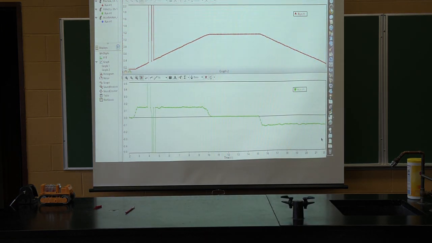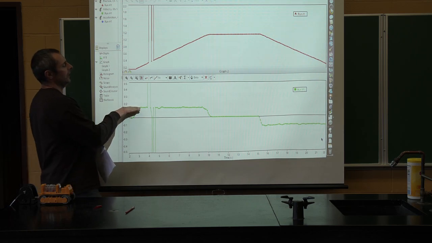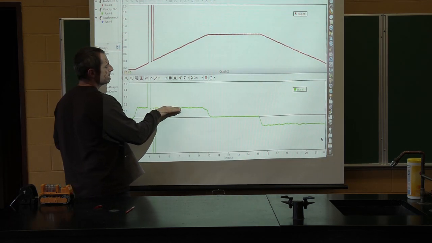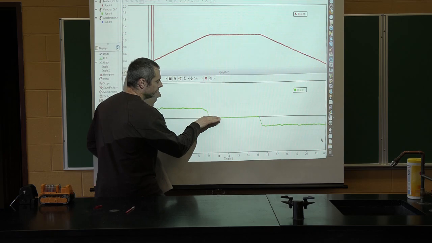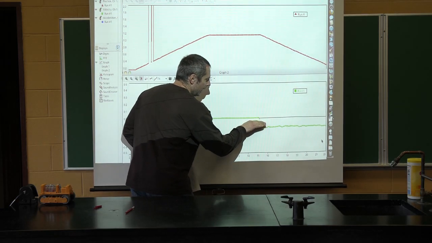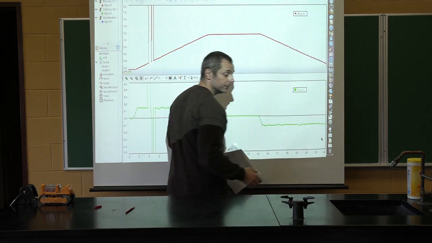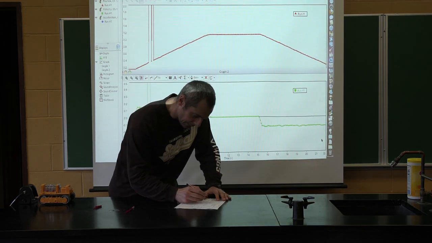Not bad, okay. So what we see is like a plateau here, and then it's a zero plateau, and then a negative plateau, okay? So something like this.